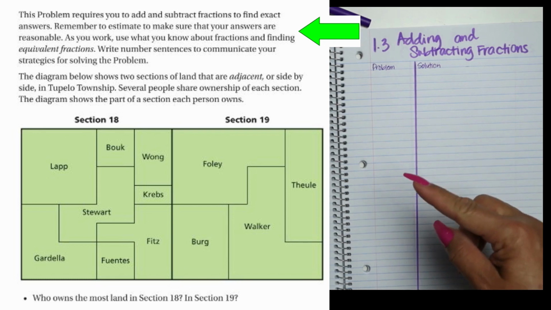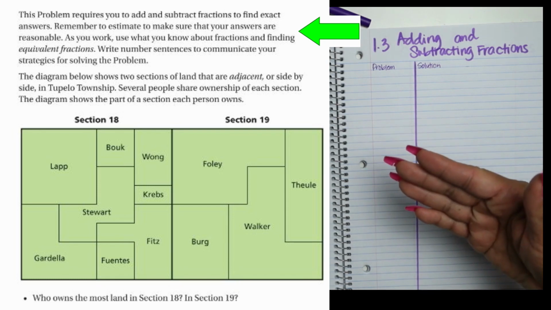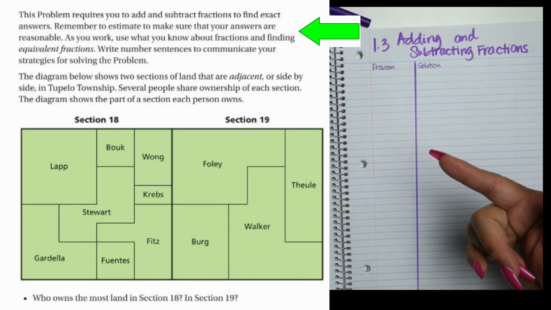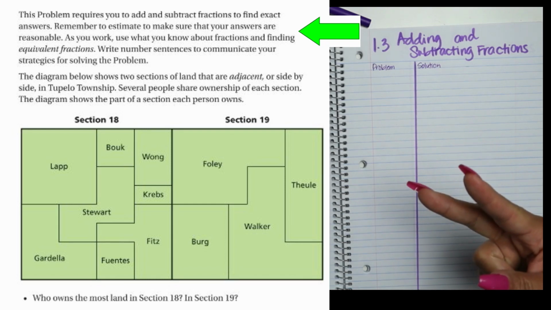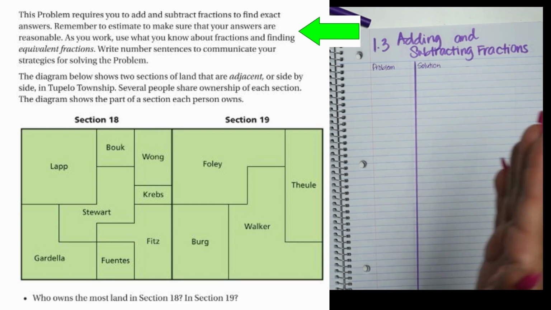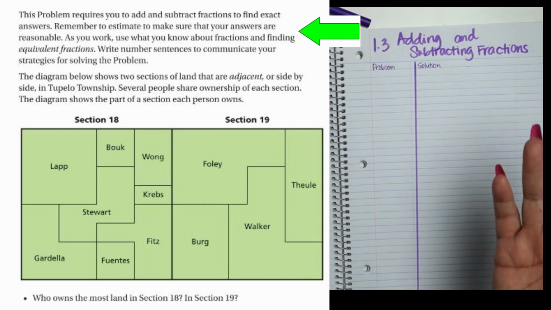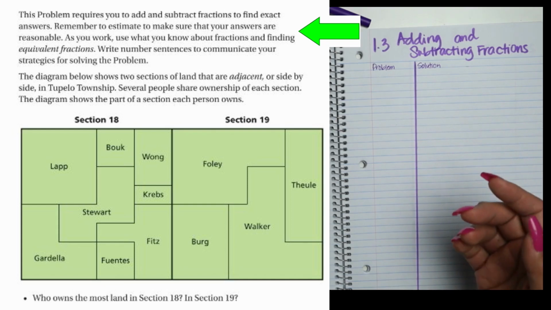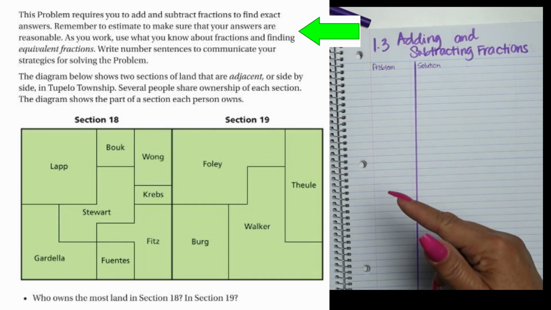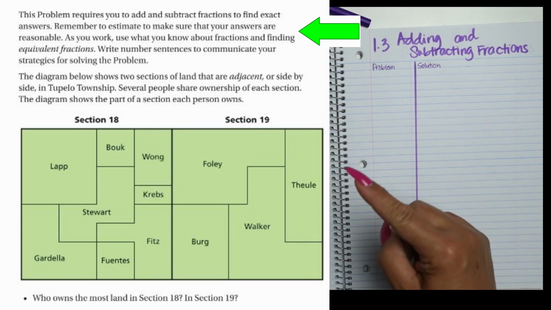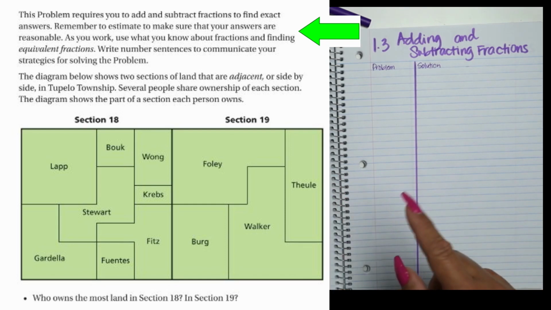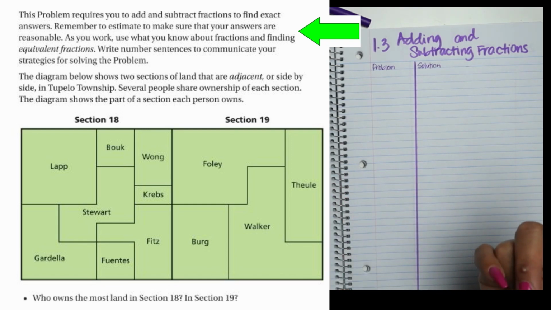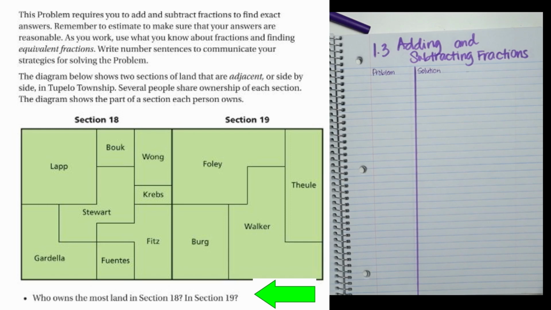So this diagram over here, this green one, titled section 18 and 19, shows 2 sections of land that are adjacent or side by side, and it's in Tupelo Township. Several people share ownership of each section, and the last names are in each of the sections. The diagram shows the part of each section that each person owns. So the question down here: who owns the most land in section 18 and who owns the most land in section 19?